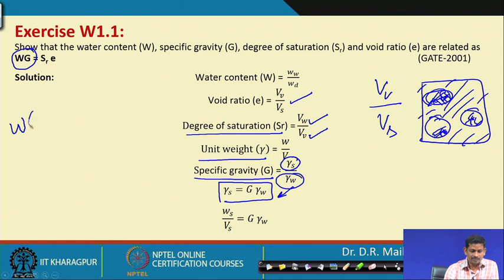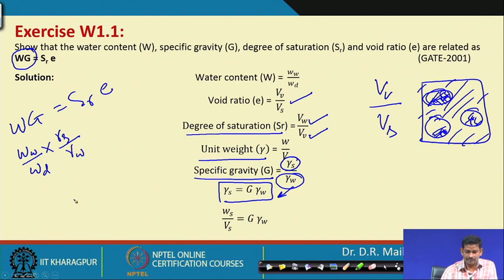Our aim is W G is equal to S R into E. So W you can put as W w by W d into G, and G is rho s divided by rho w.